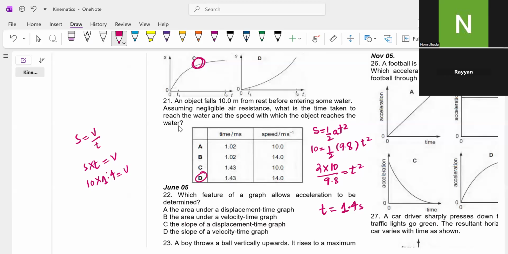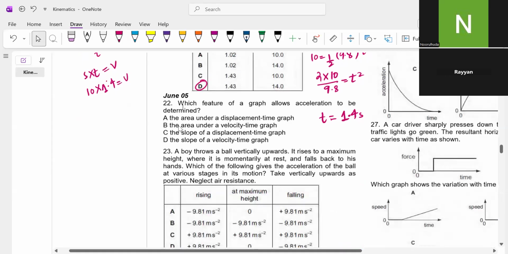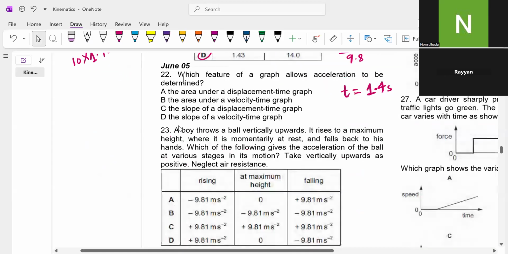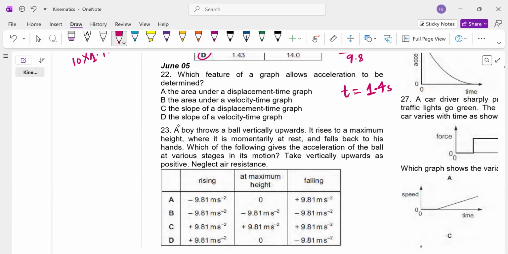Clear? Okay. Which features of a graph allow acceleration to be determined? What do we get from the area of a displacement time graph? There's nothing under the displacement time graph.